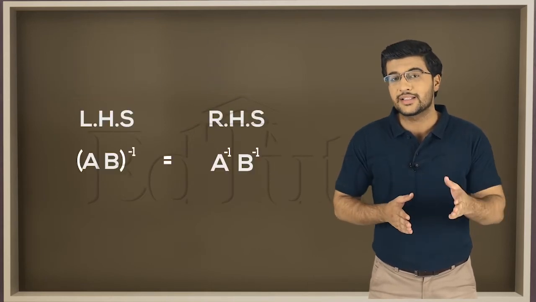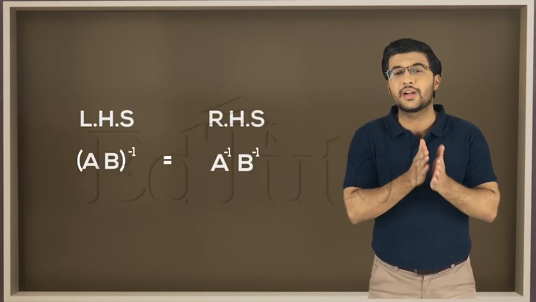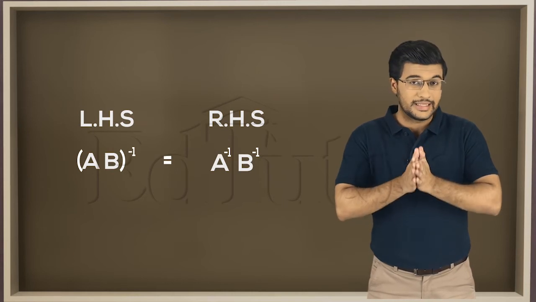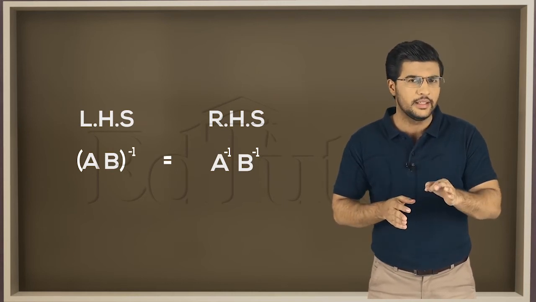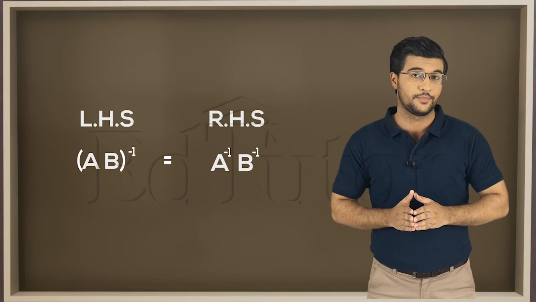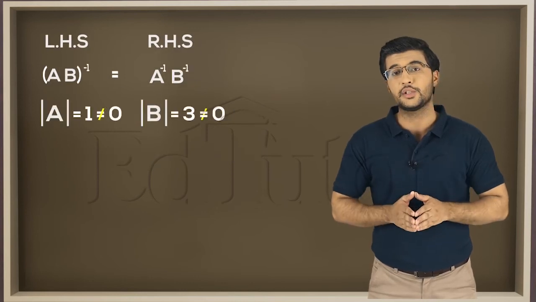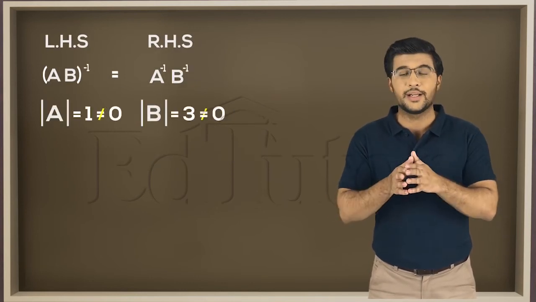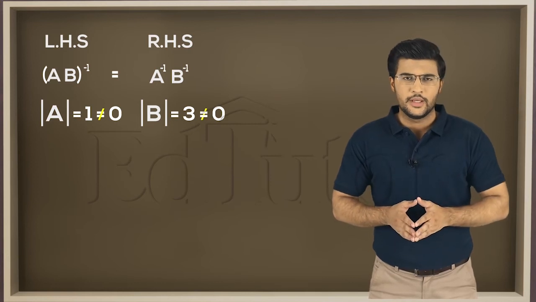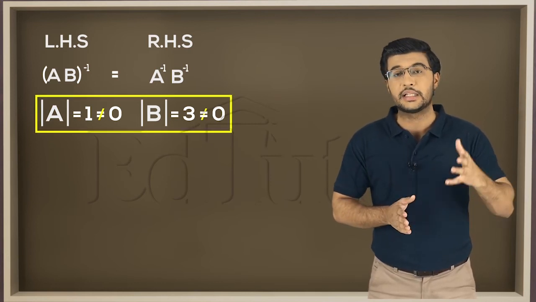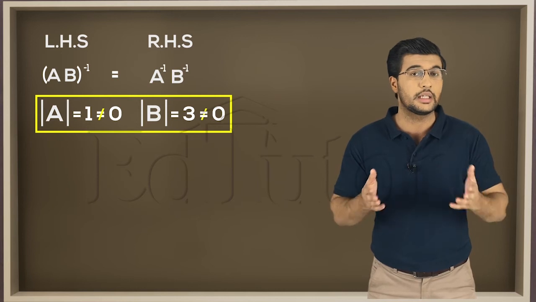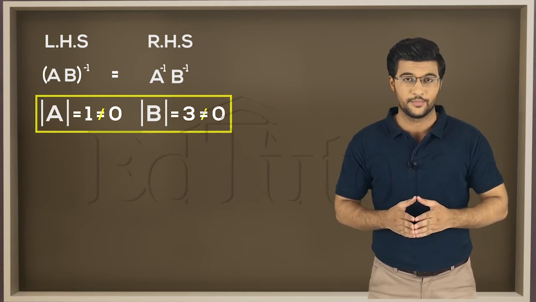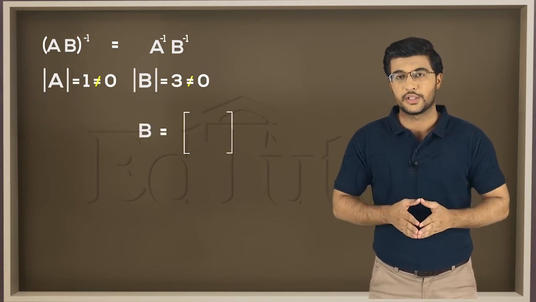Now I'll take the right side of the screen to find the right hand side. While this may seem a bit lengthy, it's quite easy. We need to find the inverse of B multiplied by the inverse of A. We have already calculated the determinants of both, so we are directly finding the adjoints. Take B first.